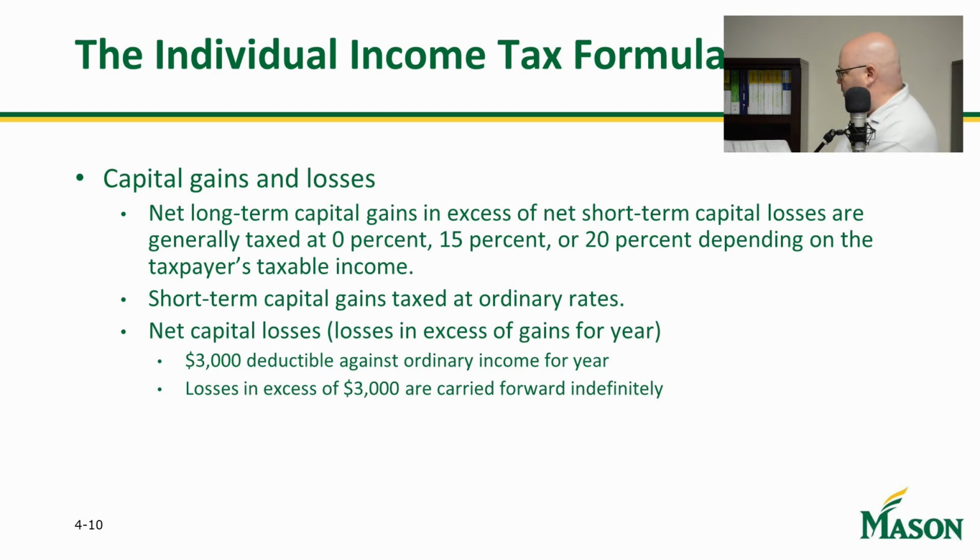The way it works is if your ordinary tax bracket rate is 10 or 12%, you're going to pay 0% capital gains rates. If you're taxed at the max rate of 37%, you're going to pay a 20% capital gains rate. And if you are taxed anywhere else, it's going to be a 15% capital gains rate.